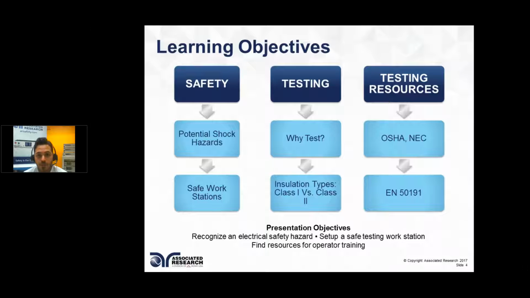And then we'll get into why test and talk specifically about the main characteristics of what separates class 1 versus class 2, right? Depending on which you're testing, that's what dictates the type of parameters or voltage that you'll be testing to per the standard. So our presentation objectives are to recognize an electrical safety hazard, set up a safe workstation, and provide you with some resources for operator training.